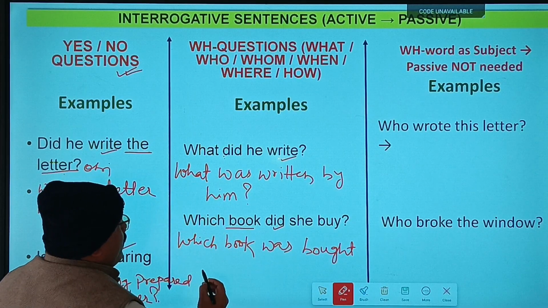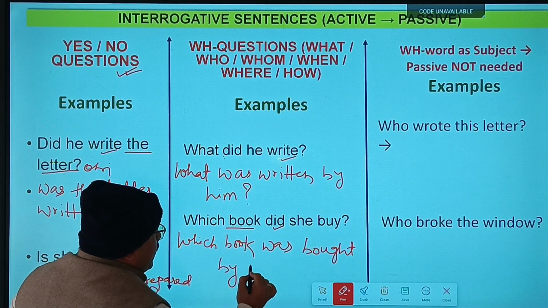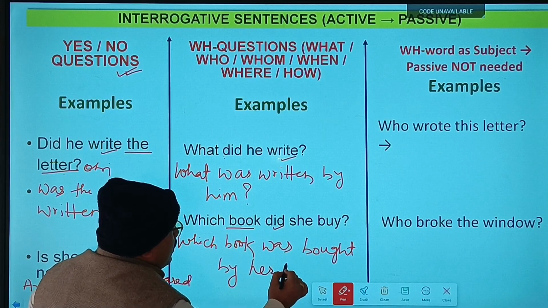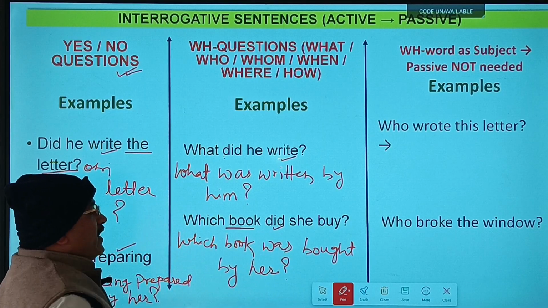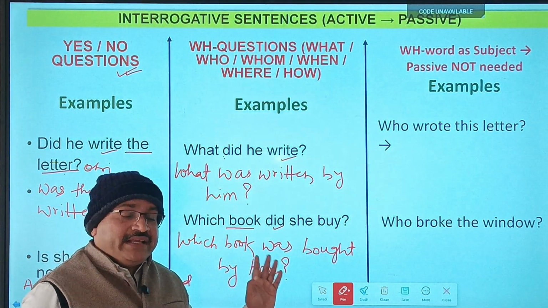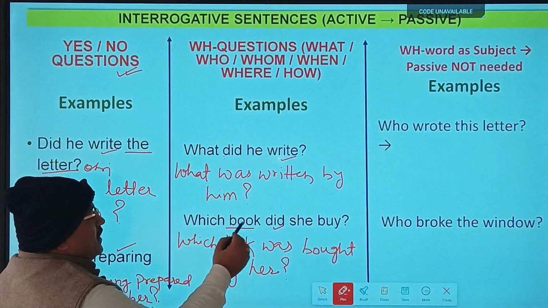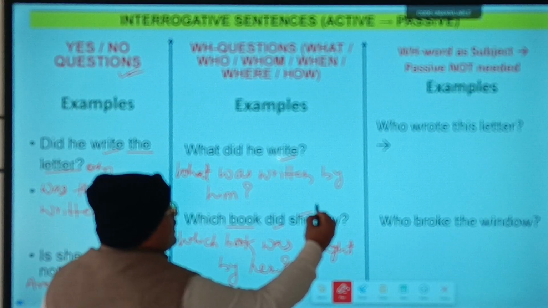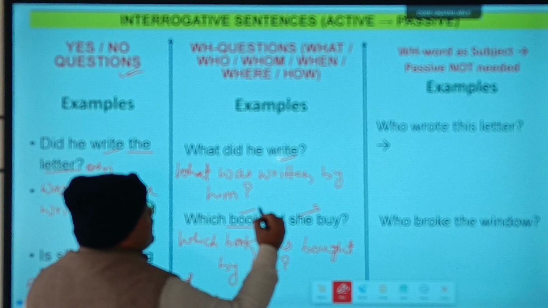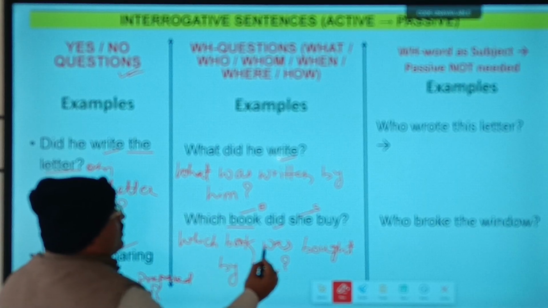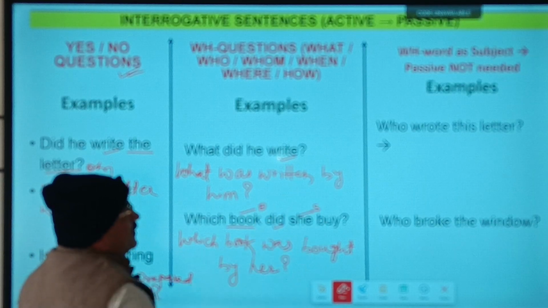Bought. Who bought? By her. Remember, you have to identify the subject and object in the sentence very carefully. Which book did she buy? What is she? She is subject. What is object? Book. So which book was bought by her?